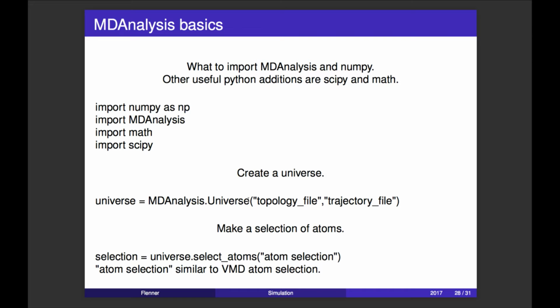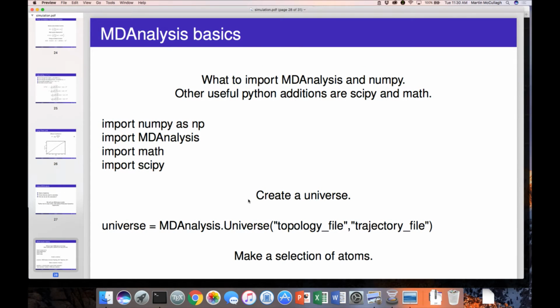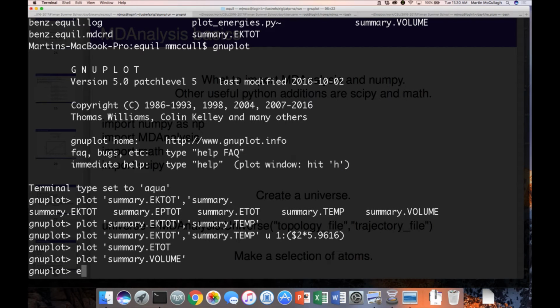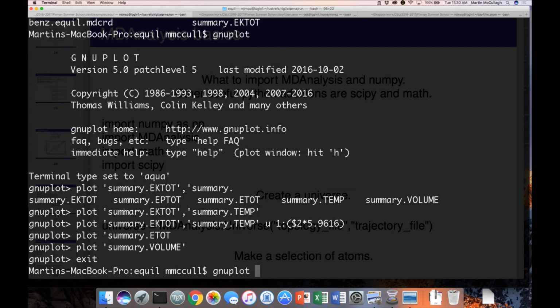You remember that I always loaded in this PRM TOP file.